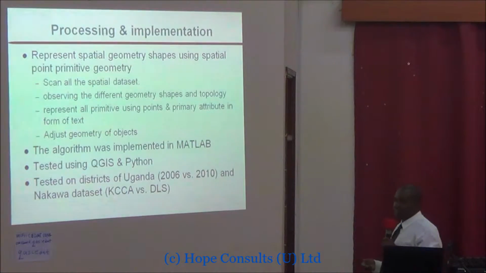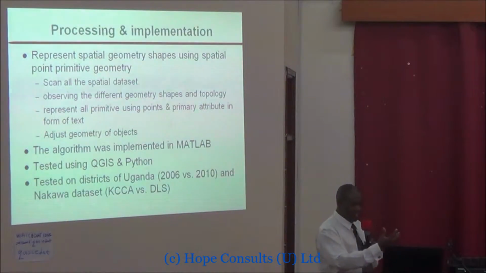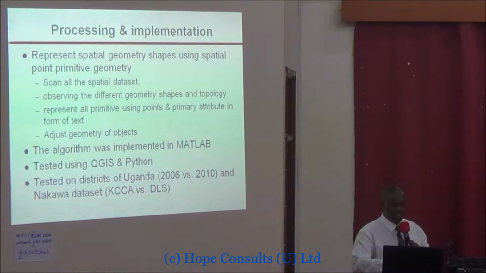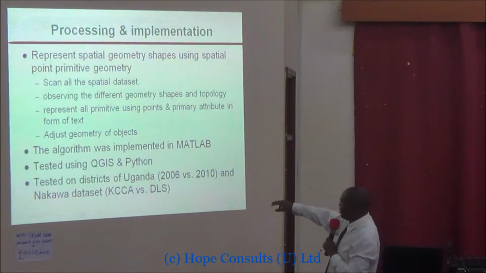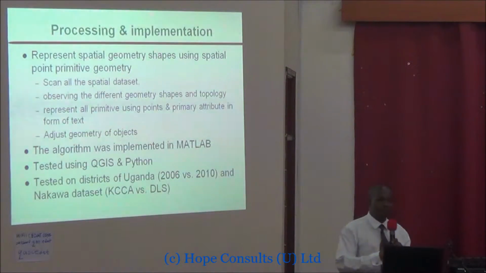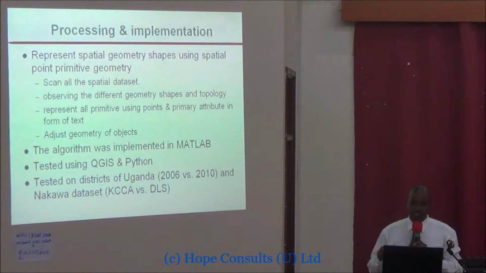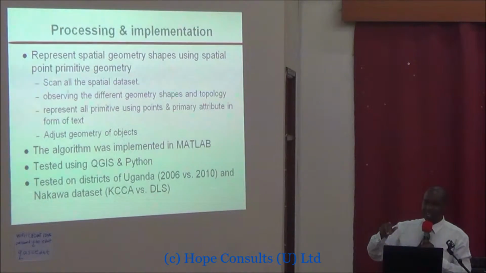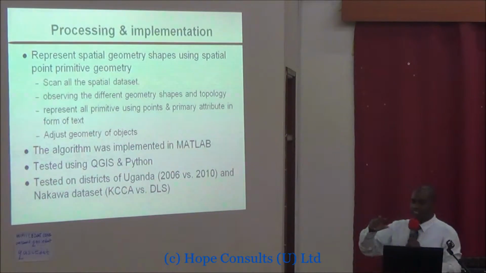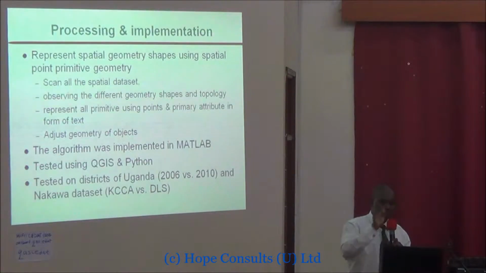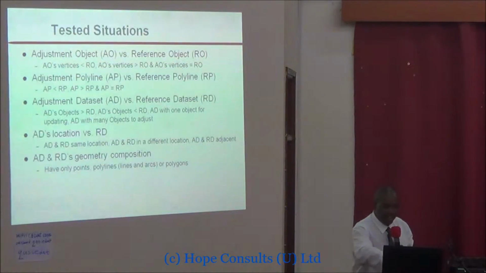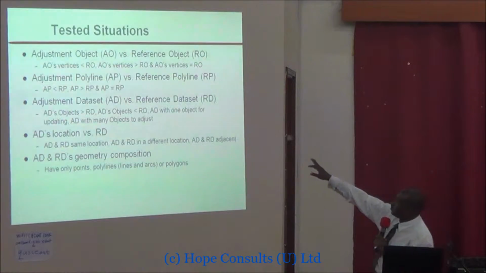We tested it on the Ugandan data set. We picked the Ugandan data set of 2006, which had 81 districts, and the Ugandan data set of 2010, which had 112 districts, and we tried to see whether it can work in that condition. Then we tested it also on some data sets which were small, in different testing situations.